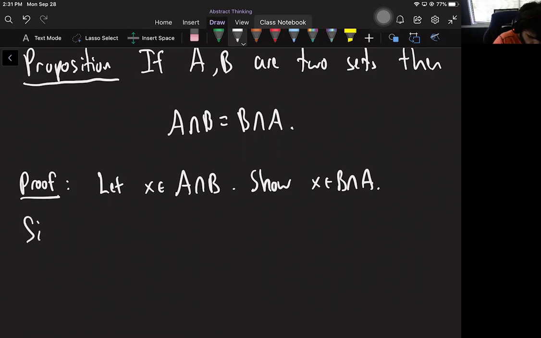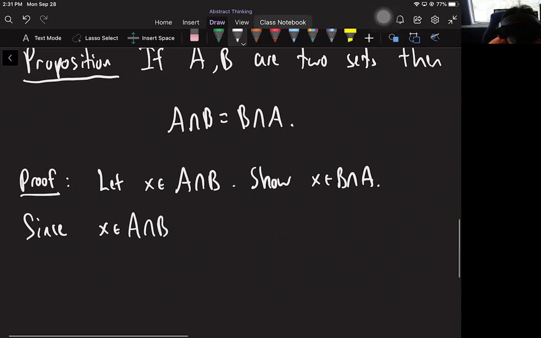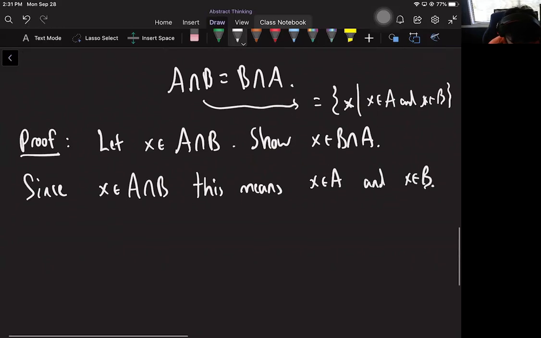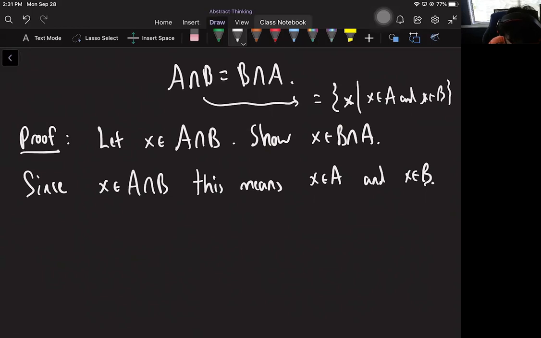Okay, so this is why you have to get really good at saying what it means for an element to be in a set. So what does it really mean for X to be in here? Well, remember the definition of A intersect B. It really is the set of X's that are in A and B. So this really means that X is in A and X is also in B. But X being in A and X being in B, I can write that the other way too.